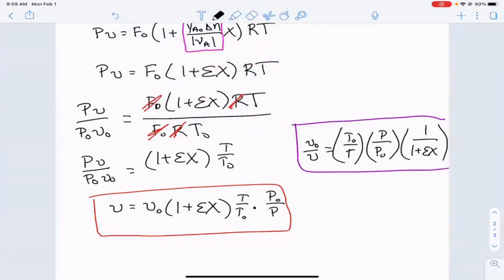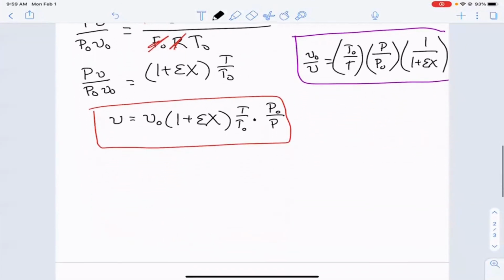Okay, and these are going to help us now for gas phase reactions where the number of moles are going to change. And so let's revisit our expression for the flow rate, but now think about a gas phase reaction where the volumetric flow rates are not the same.